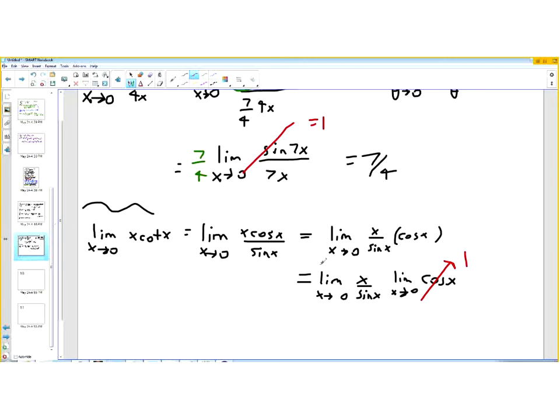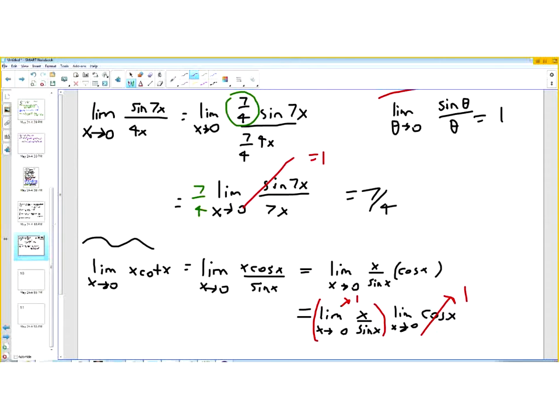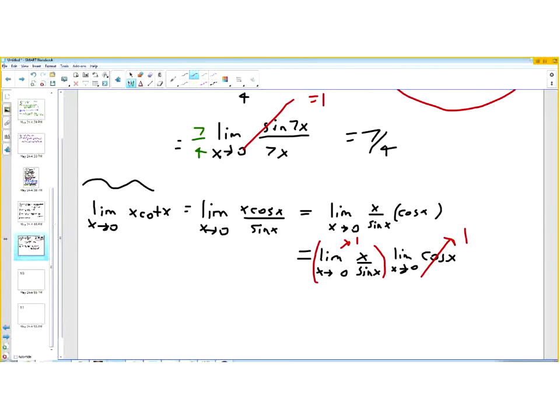And this you should recognize as being, well, you can apply the limit operators, but that's still 1. That's of the same form as this right here. It's the same form. Okay, you just take the reciprocal of the function and then apply the limit operator. So I'll leave it to you to verify that that is the case. So this limit is 1. So the limit as x approaches 0 of x times cotangent x is 1.